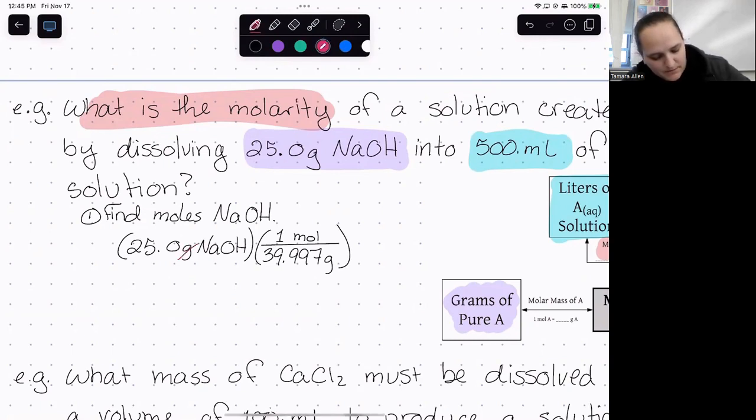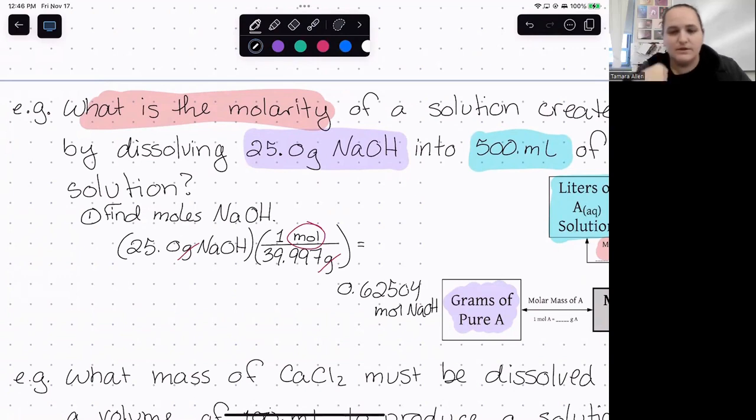We want the grams on the bottom so that that cancels out, and we are left in units of moles, which is where we want to be. So that gets us 0.62504 moles of sodium hydroxide, keeping some extra sig figs for now. And then once we have that, we can use that to find our molarity.